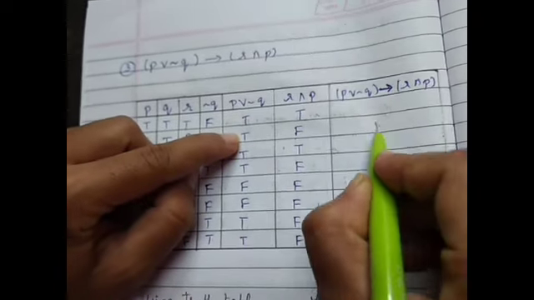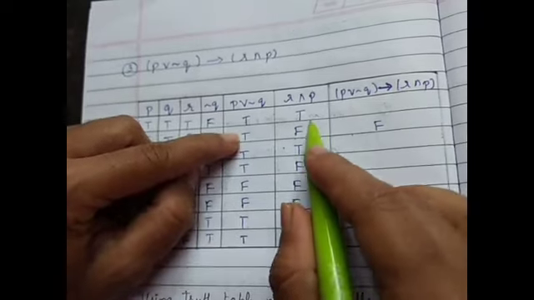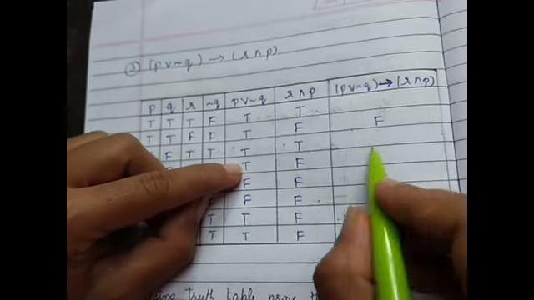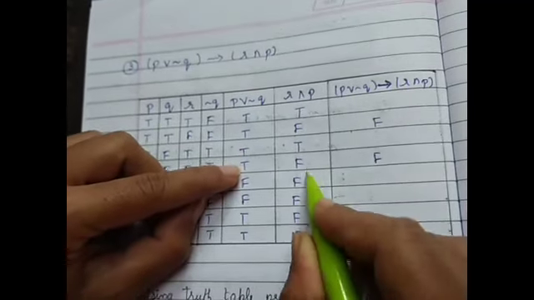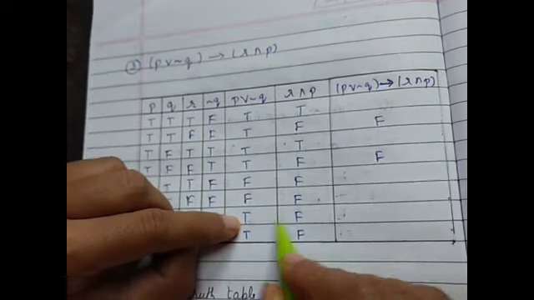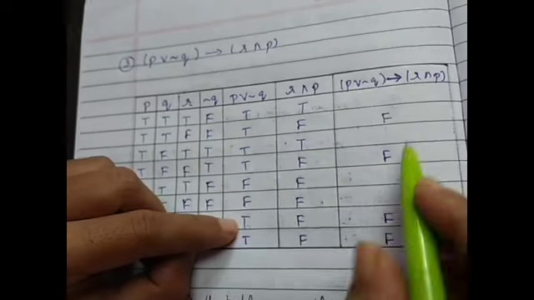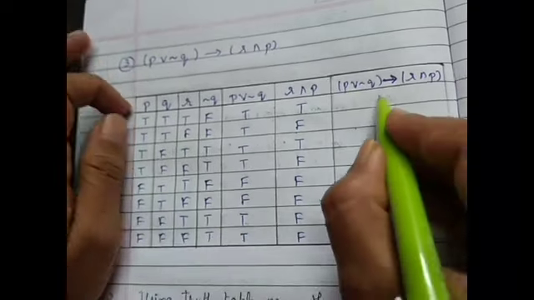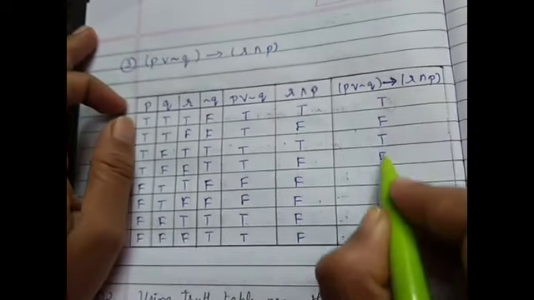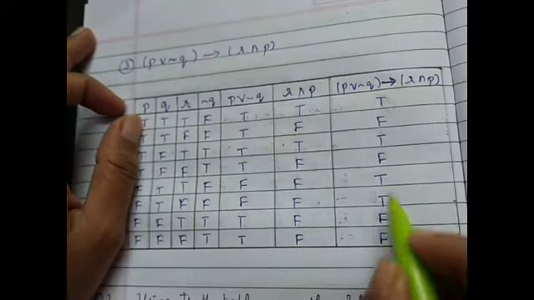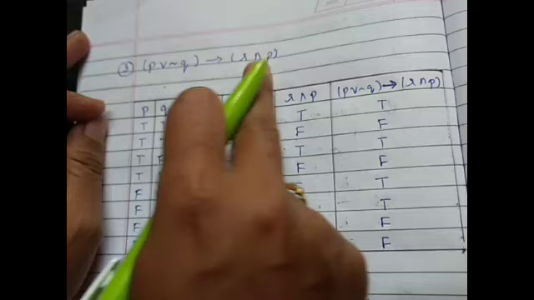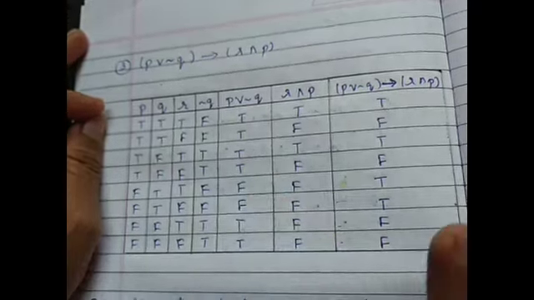TF is F. Again we'll see TF. Yes, TF is F. Again we have TF, TF is F. The remaining are T. So we have completed this truth table for the given statement pattern.